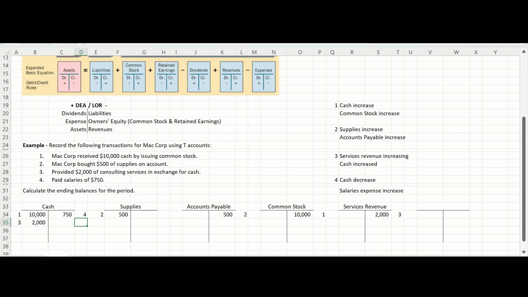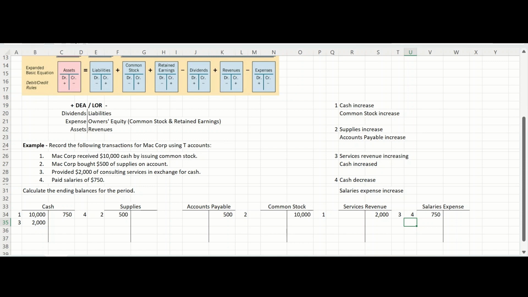And then also we have a salaries expense account that we should show changes in. And salaries expenses are increasing. We're showing an expense related to our employee salaries of $750. So we have a $750 debit, a $750 credit. We have a balanced transaction.